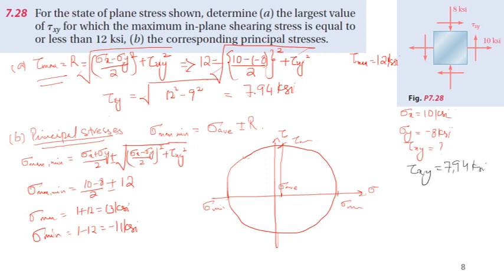Now, sigma x is 10 ksi, so let me put this is sigma x, 10 ksi and 7.94, and this will be negative 8 ksi, minus 8 and 7.94.